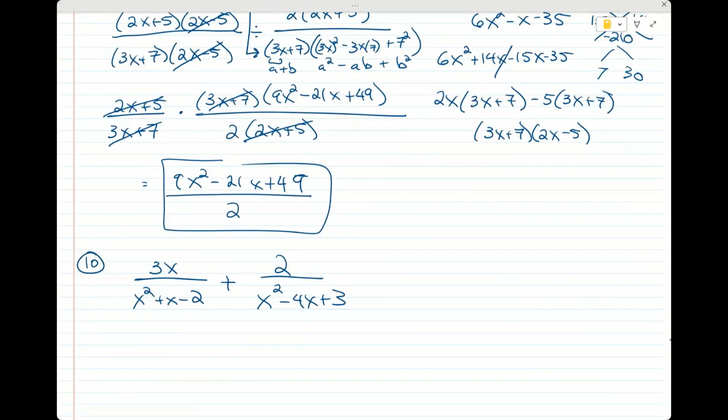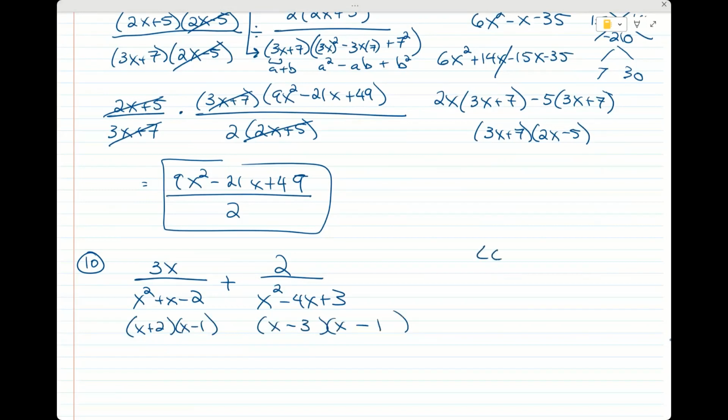Now, in order to add rational expressions, they have to have the same denominator. So first, let's see what the denominators are once they're factored out. So it looks like we have x plus 2 and x minus 1. Those would be the factors for the first fraction. This would be x minus 3 and x minus 1.